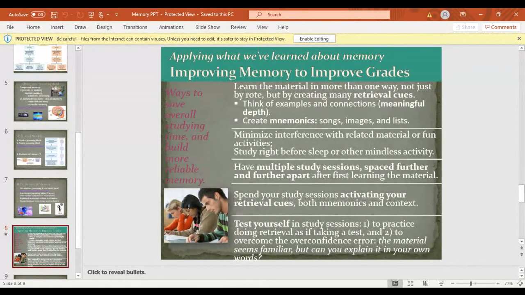So a way that we can improve your memory, and it'll actually help improve your grades, is by learning the material in more than one way. For example, I would encourage you all to read the content of the week first, take some notes, then review the PowerPoint, take some more notes, and then start making a mind map of everything, outlining the different concepts.